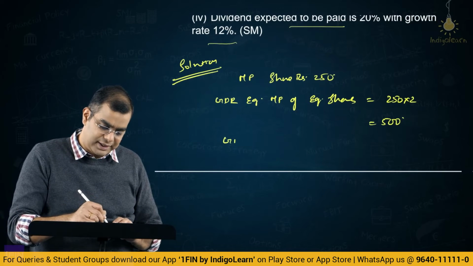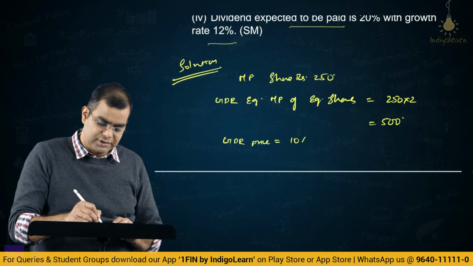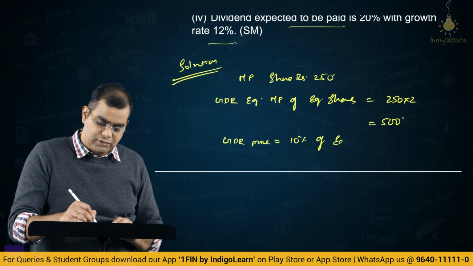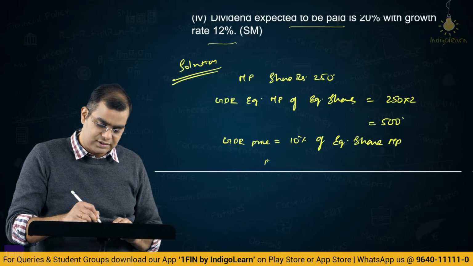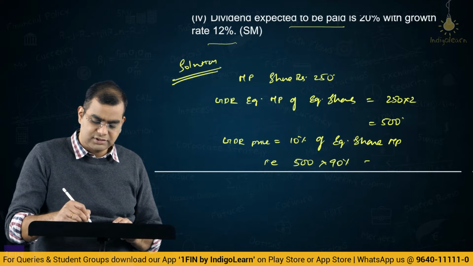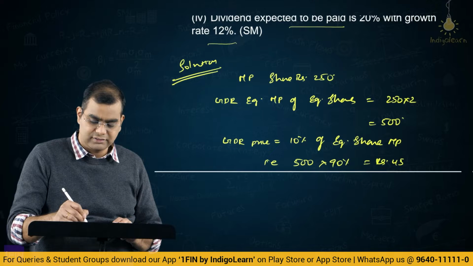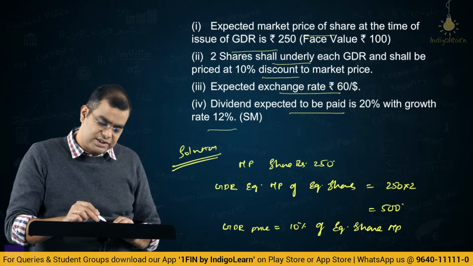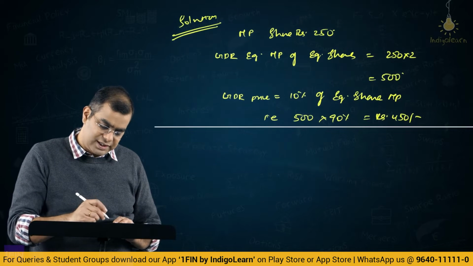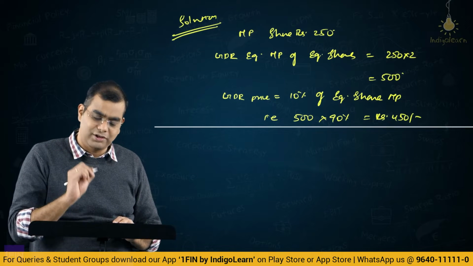So, GDR price is equal to 90% of the equivalent shares' market price, that is 500 rupees into 90%, that is rupees 450. Okay, very simple. Then the expected exchange rate is 60 rupees per dollar.